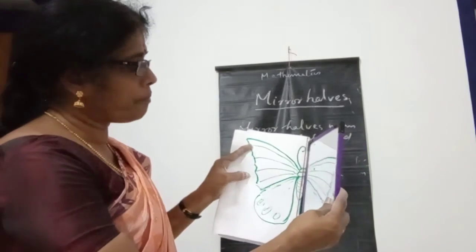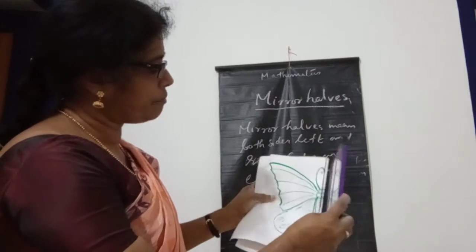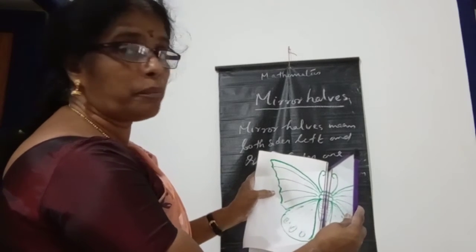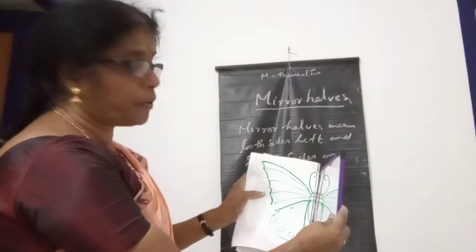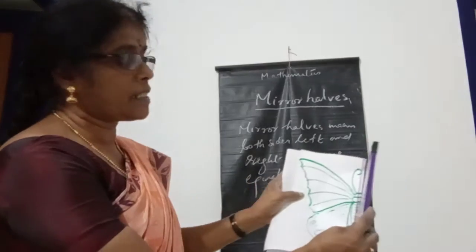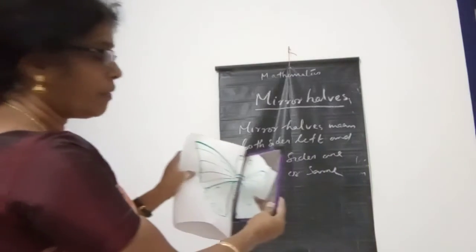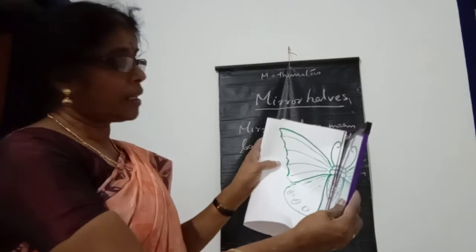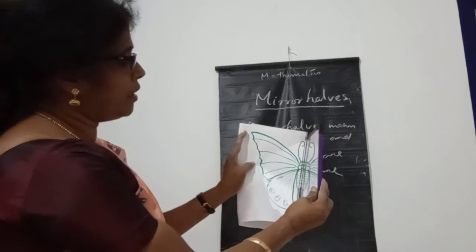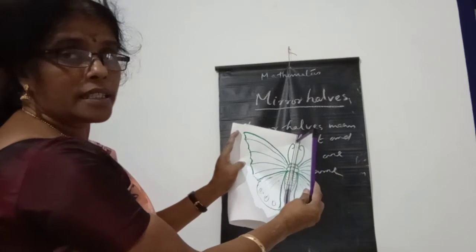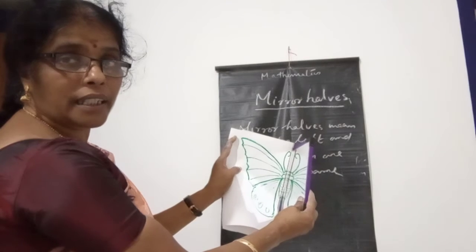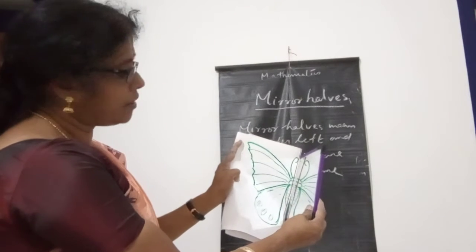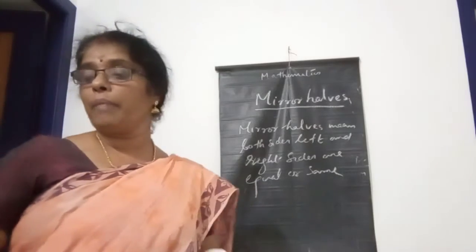If we put one mirror there, then you can see both sides are same. So this one is a mirror half. You can see one half of that portion inside the mirror, isn't it? So that is a mirror half.